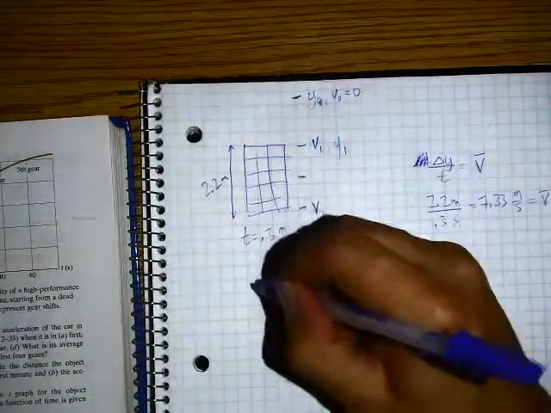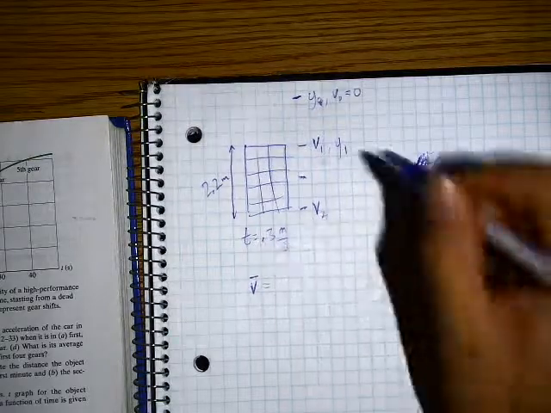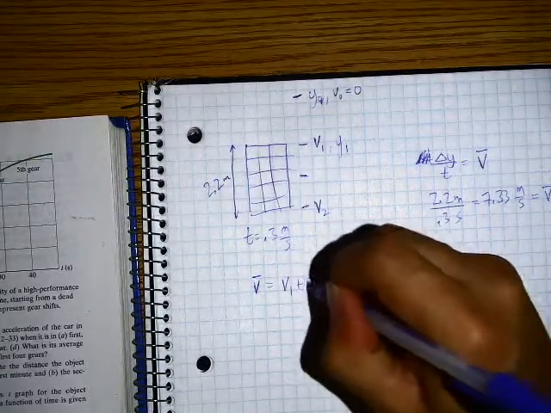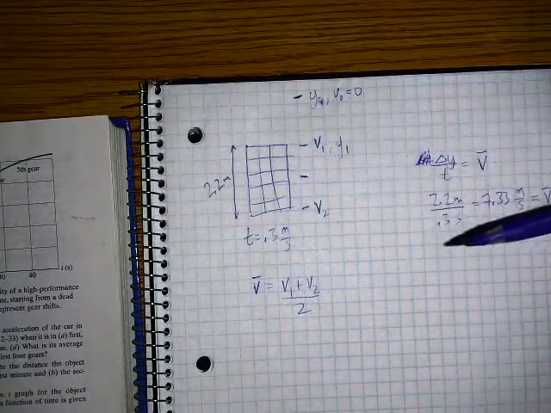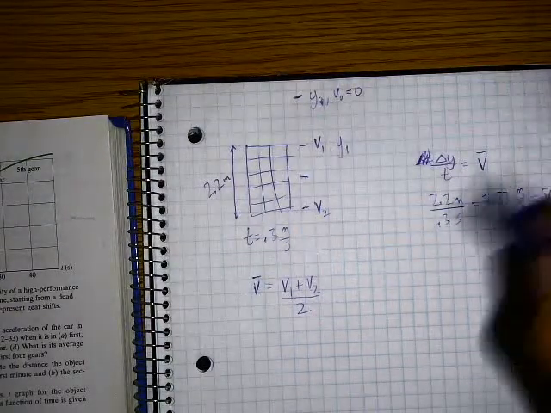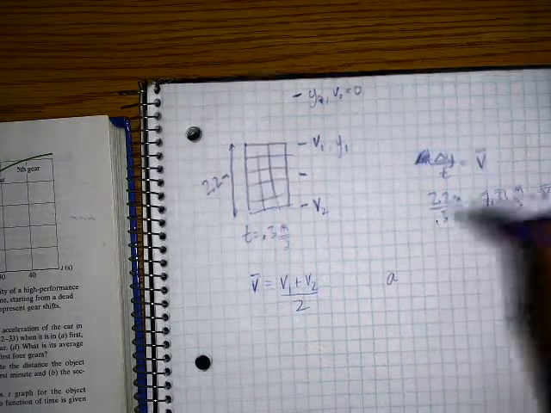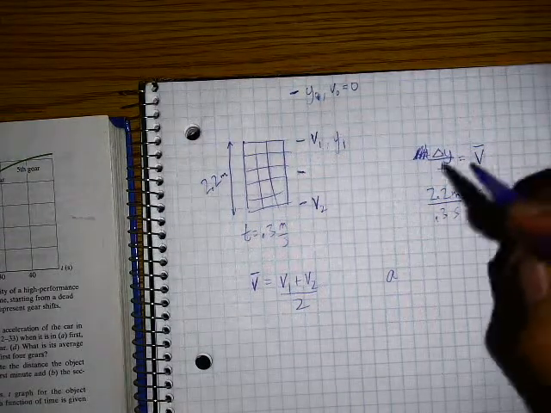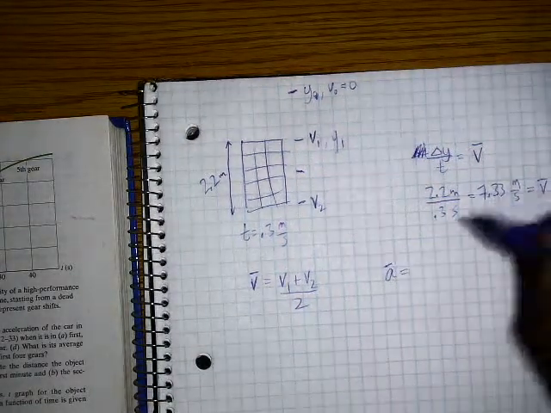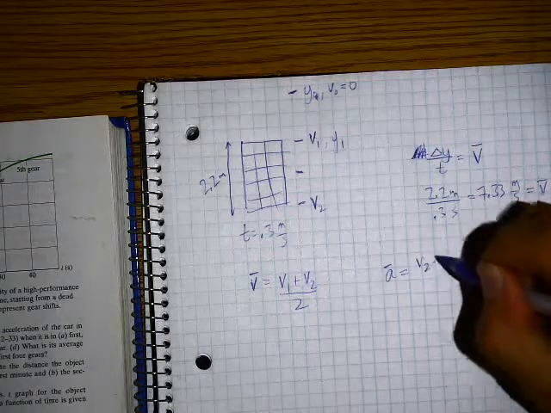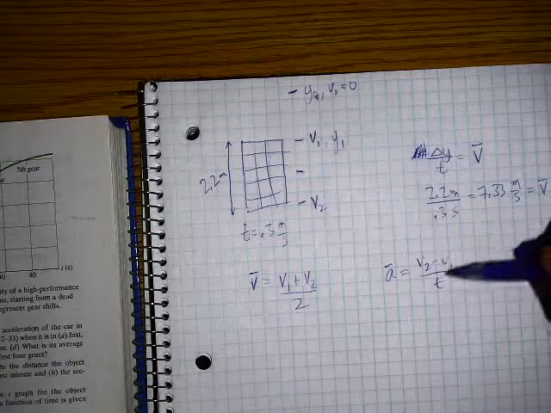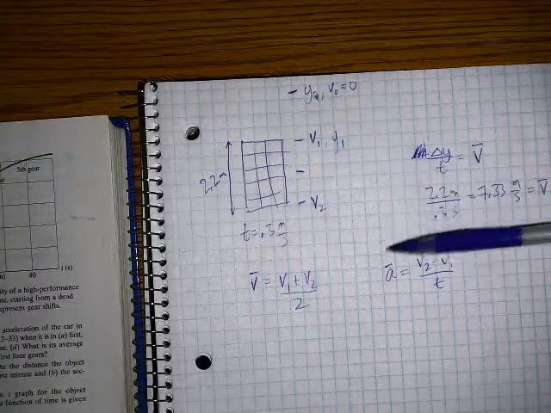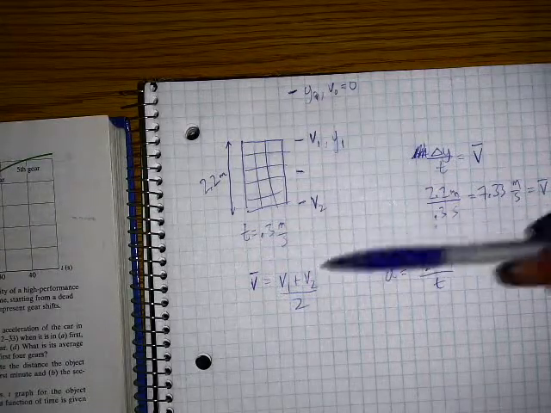If we use the fact that the average velocity is the velocity at the first place plus the velocity at the second place divided by 2, just the average, and we use the definition of acceleration, which we know to be 9.8, as v2 minus v1 over t, we can actually solve these equations for one velocity.